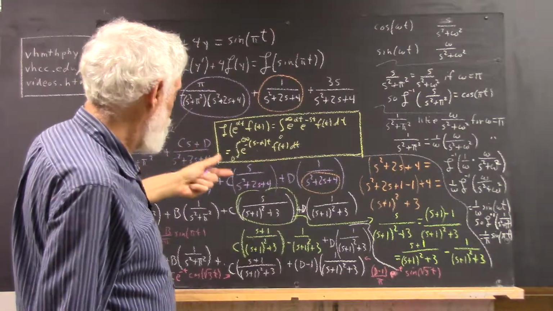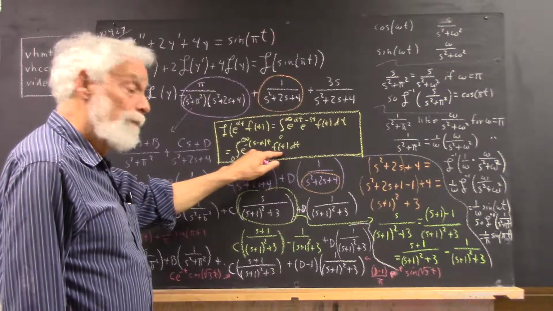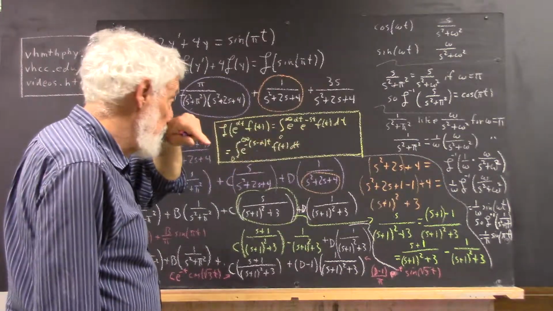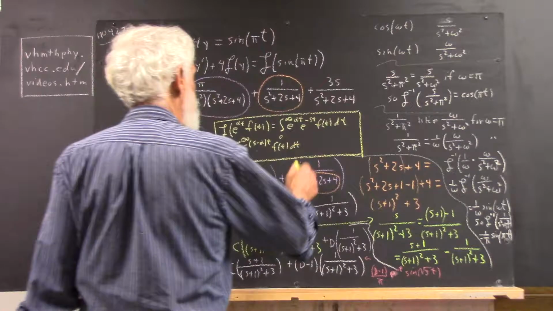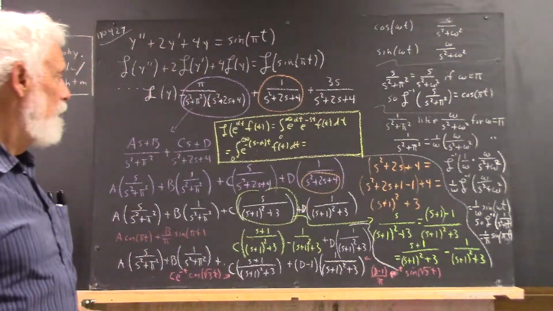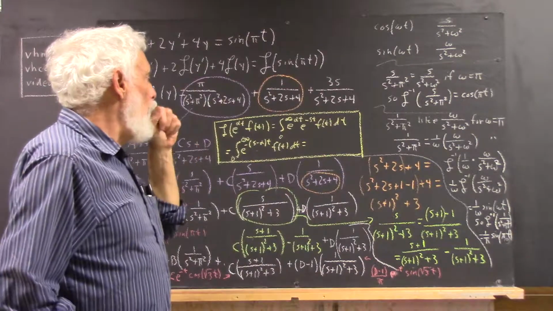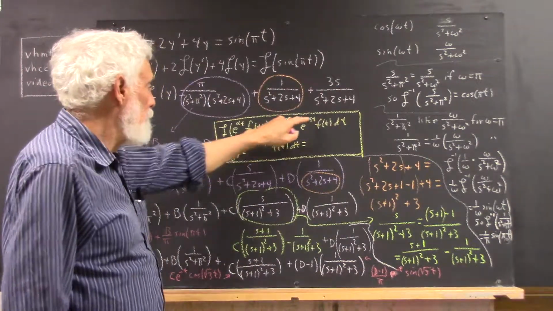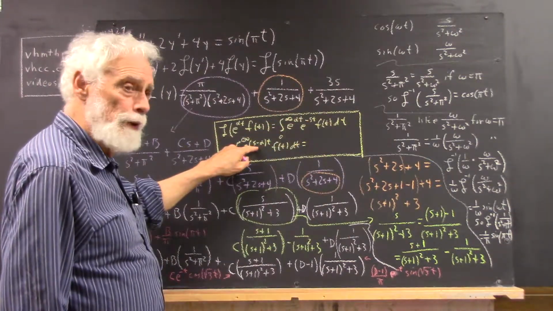Well, the reason is simple. I've got this, and I've still got my f of t dt. Okay, I've replaced my s with an s minus alpha.